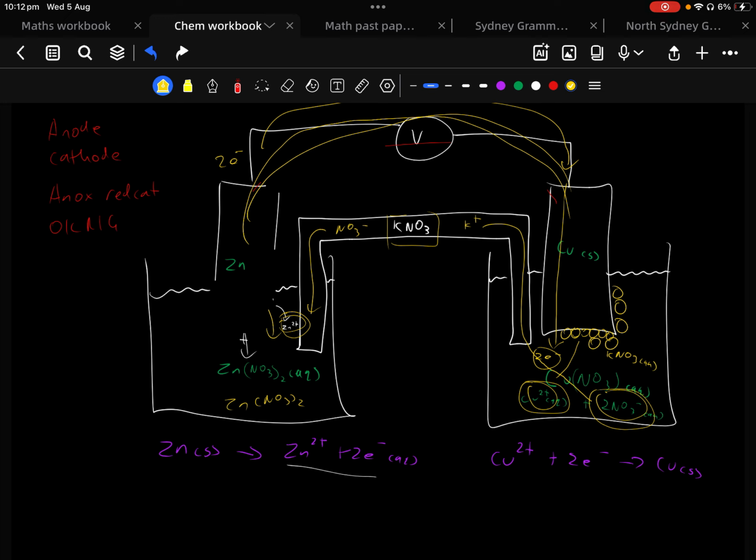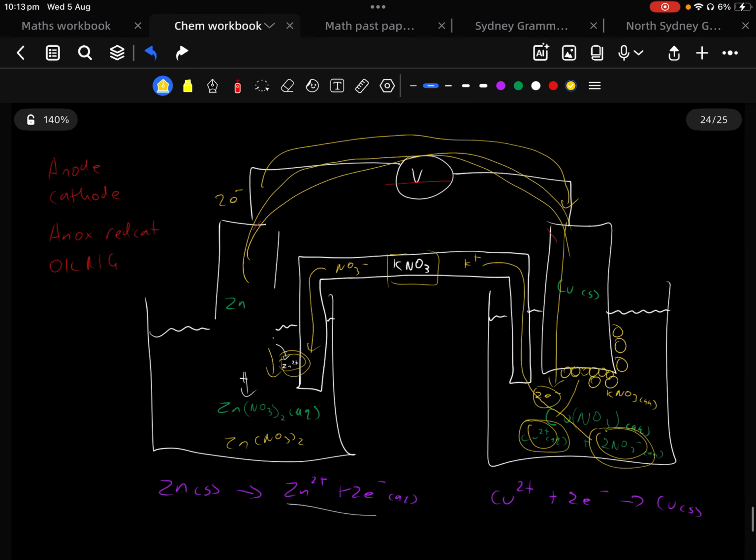So that's pretty much how galvanic cells work, where the voltmeter measures the cell potential of the electron transferring. Another thing you need to know is that the salt bridges aren't always potassium nitrate. Most of the cases it is, because all nitrates are soluble, which means they dissolve in any solution here.